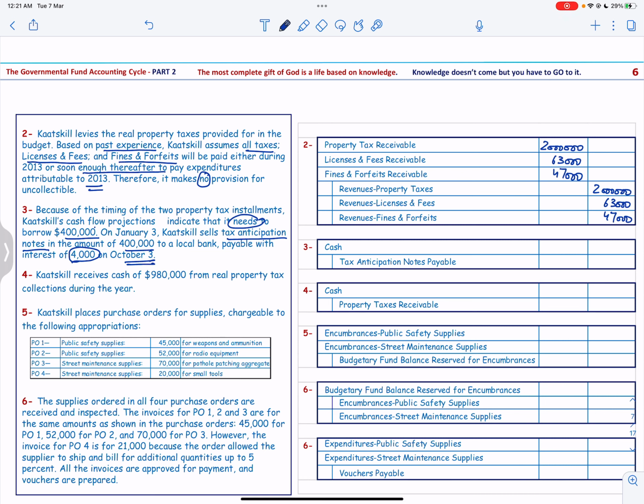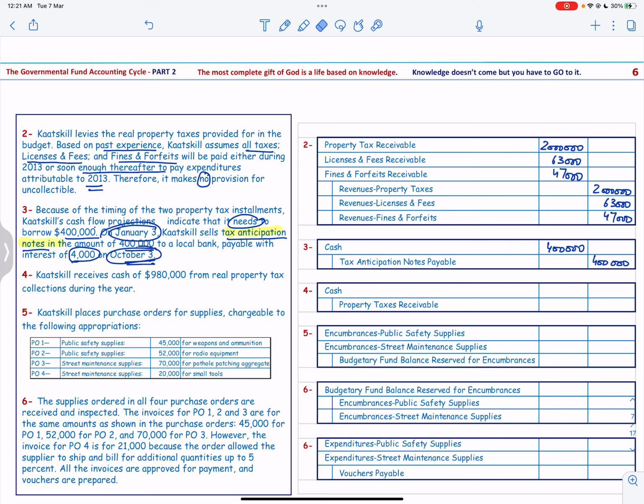Now, since this liability is short term, the borrowing is going to be recorded as a liability for the general fund, and the journal entry will be cash is debit by 400,000, and tax anticipation notes payable is credited by 400,000.